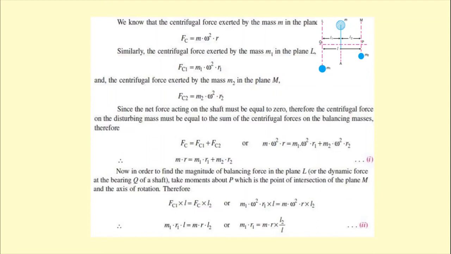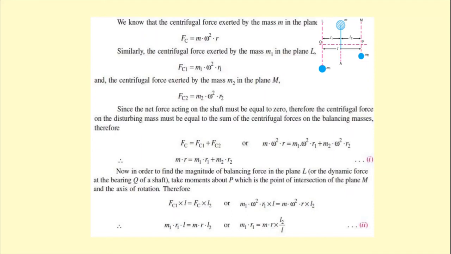Now we know that the centrifugal force exerted by the mass in the plane is Fc equal to m omega square r. Similarly we get Fc1 equal to m1 omega square r1 and Fc2 equal to m2 omega square r2.